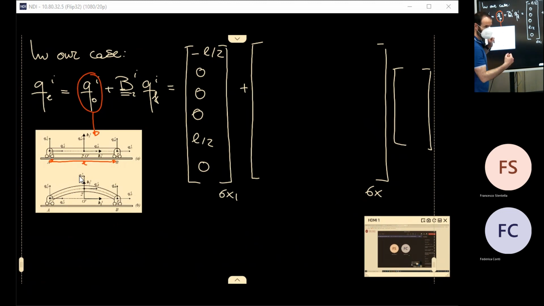Okay, so it means that the coordinate QE2 vertical here and vertical here must be 0, null. So it's not admissible to have a non-zero value of this coordinate. All the rest instead are admissible.